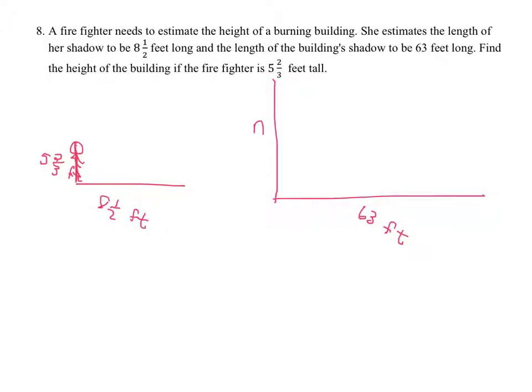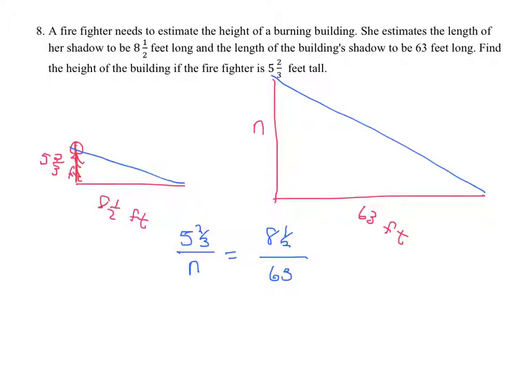Now let's solve. These are both similar triangles. So 5 2/3 over n is equal to 8.5 over 63. So we need to cross multiply, but first I'm going to change each of these to improper fractions.